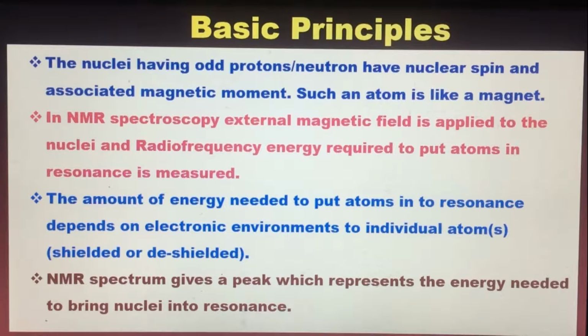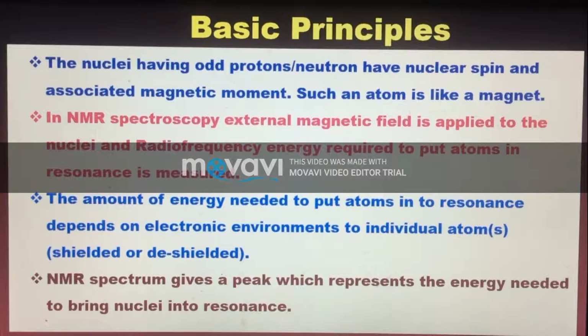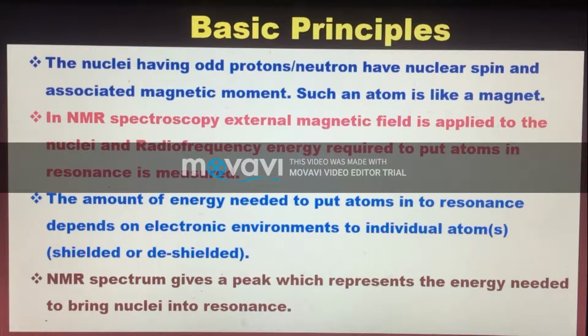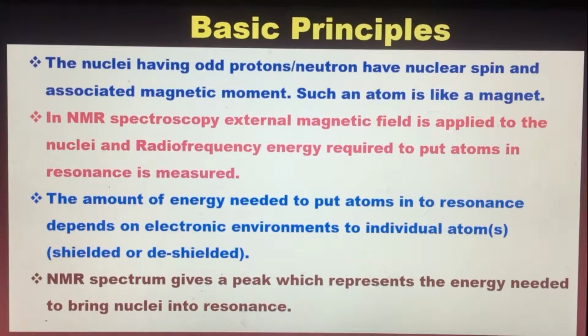That's the resonance. Okay. Next important thing is, in NMR spectroscopy, an external magnetic field is applied to the nuclei to put them into the alpha state, and we also use a certain type of electromagnetic radiation, which we can call radio frequency energy, to put the nuclei into resonance, and we will measure that energy.